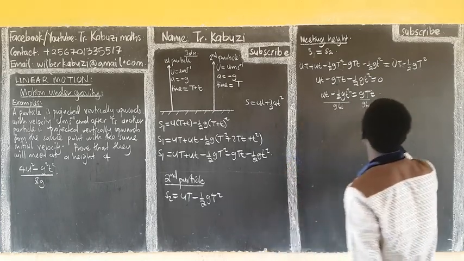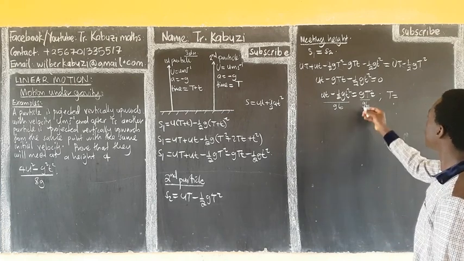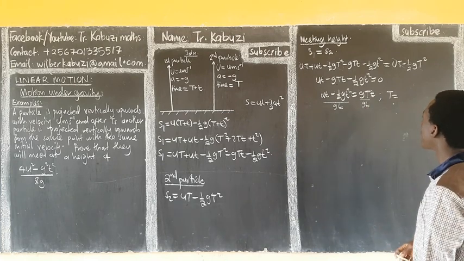Now, I divide through by dt and also divide by dt. So from there, my t will be, this will cancel with that one there.